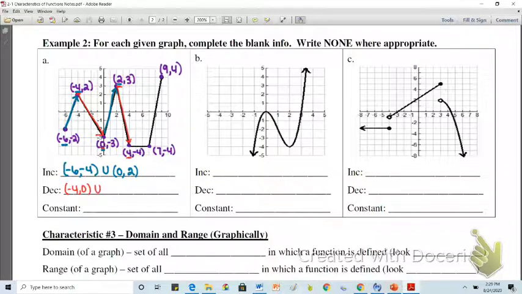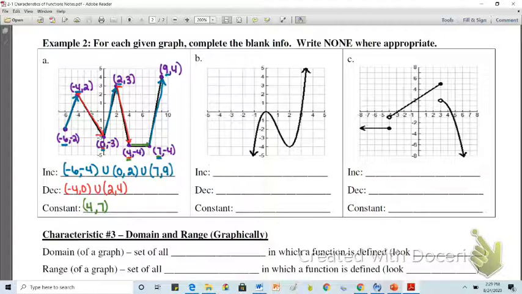Again, I already have an interval there, so I will put a union. Now my graph goes straight across. That's a constant from 4 to 7. And finally, the last part of my graph is going up, and that happens from 7 to 9. And put another union there.